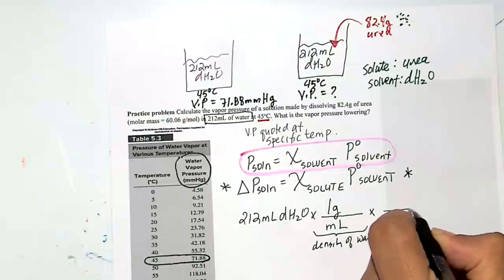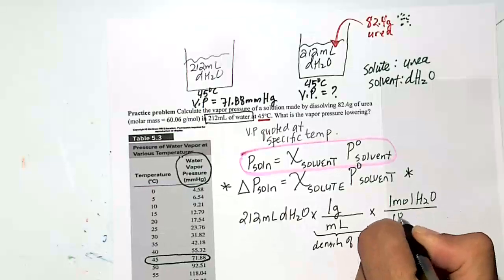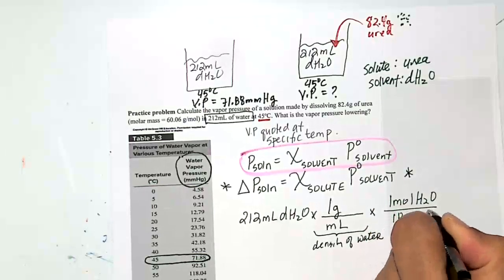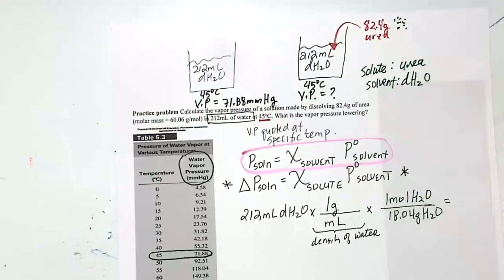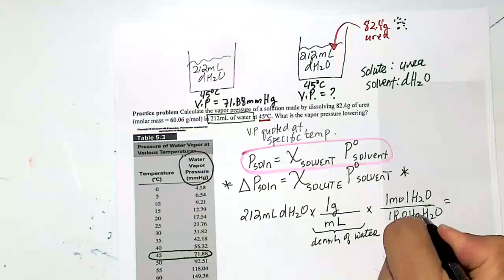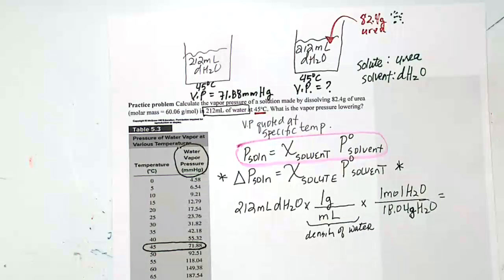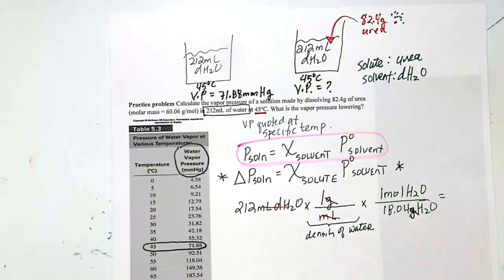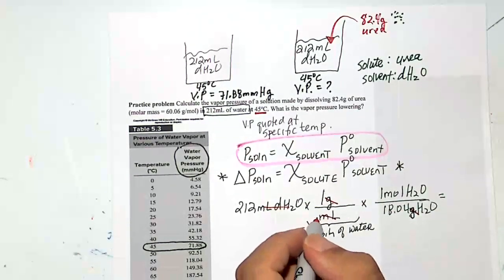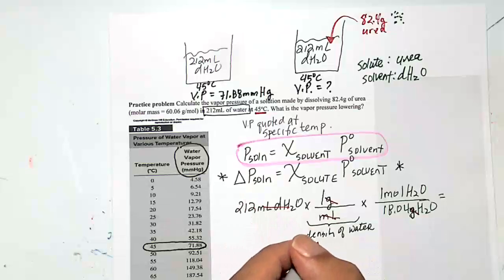And then 1 mole of water is about 18.04 grams of water. So the mils and mils cancel, the grams cancel. 1 gram per mil, if you can memorize that, that would be good, as just the density of water. It's going to be about 1.